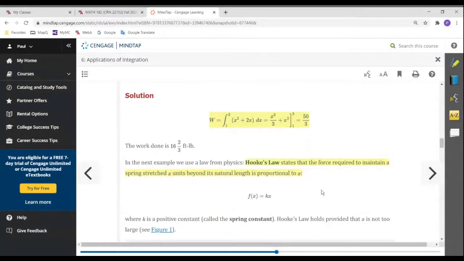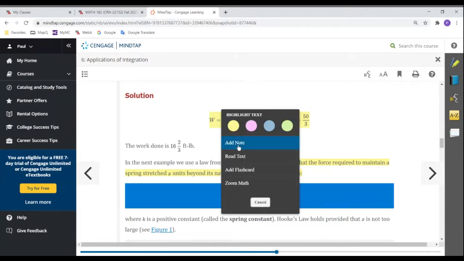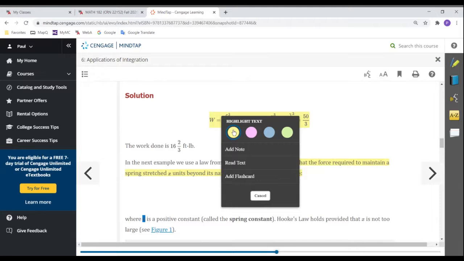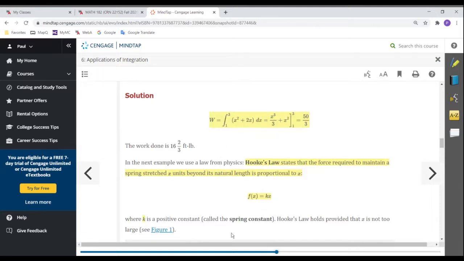Hooke's law states that a force required to maintain a spring stretched x units beyond its natural length is proportional to x. So the force is equal to k times x, where k is a positive constant called the spring constant, and it depends on your spring.